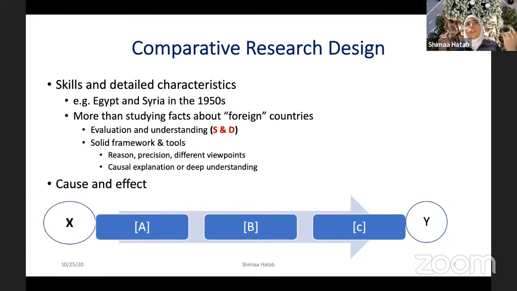So you need to understand why the same policies implemented by the same political leadership were much harsher in Syria than in Egypt. That's why you need to collect some facts about Syrian society, and then you may come up with peculiar characteristics about Syrian society or Syrian politics.